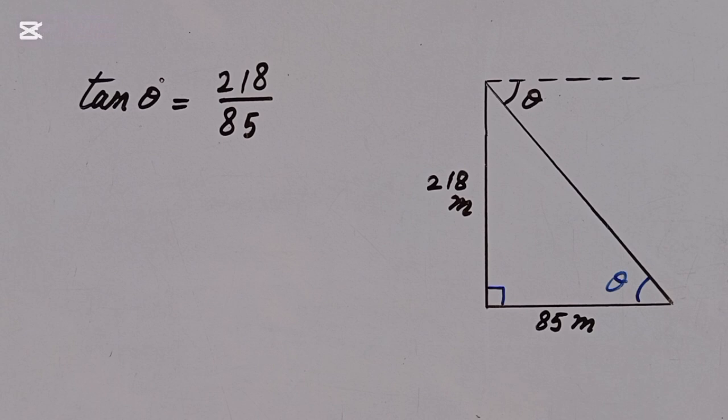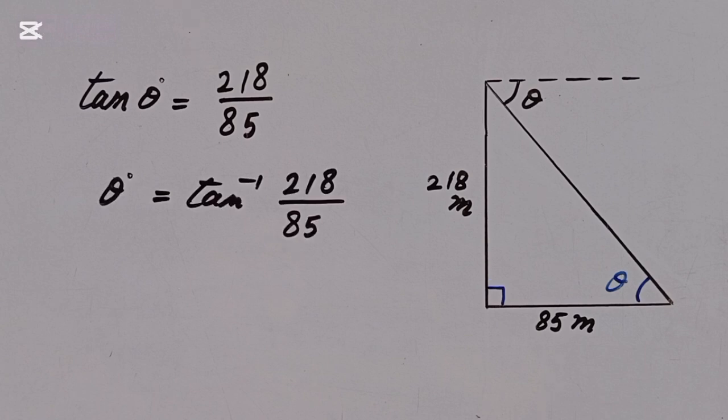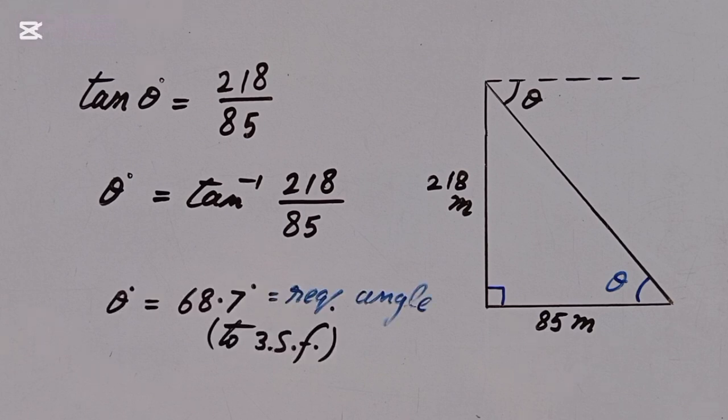It would be 218 meters by 85 meters. Now we solve it. To find out the required angle, we'll take tan inverse both the sides. So theta we have calculated equal to 68.7 degree, which is the required angle of depression, right?